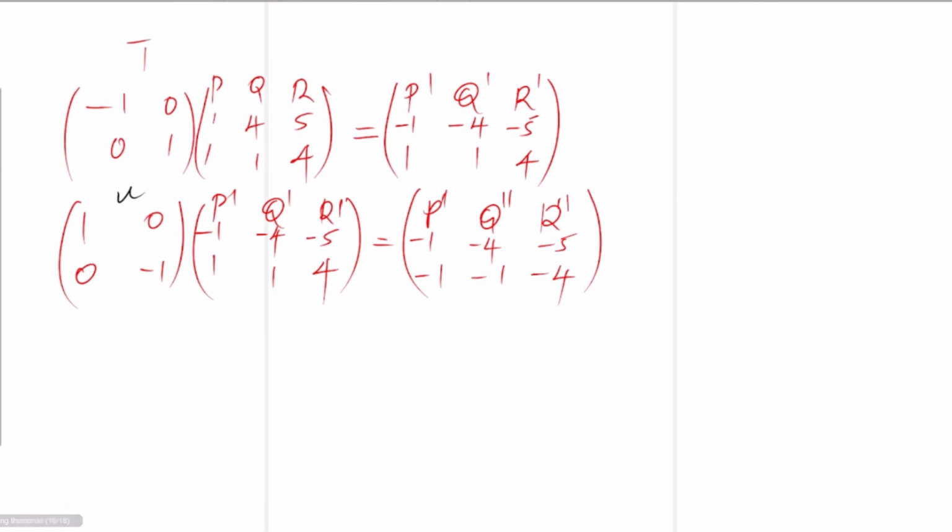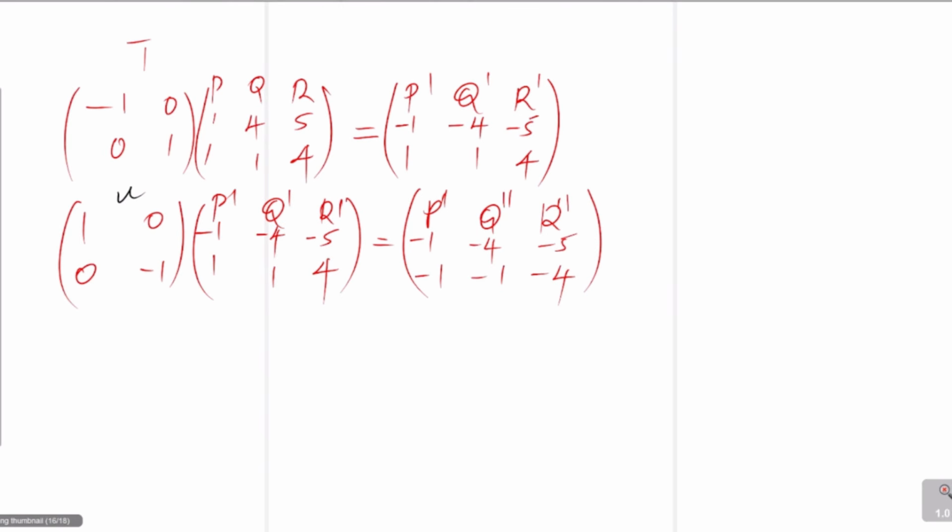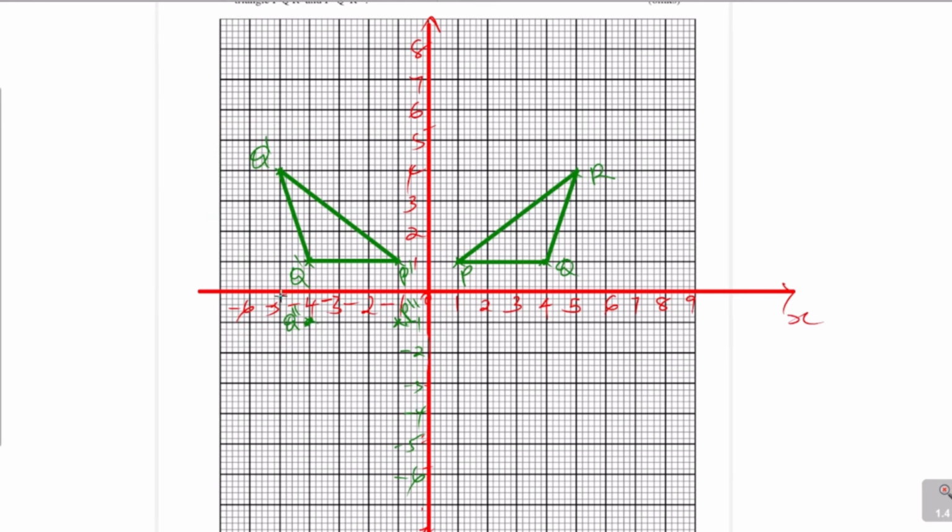And then Q double prime, negative 4, negative 1. So that is Q double prime. And then R double prime, negative 5, negative 4.